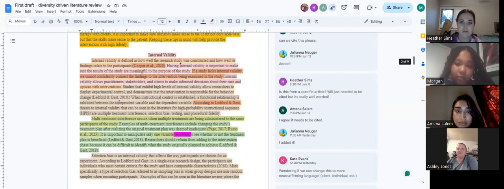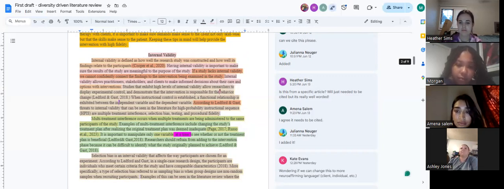They defined it very well, and we did put citations in there from the Cooper text. I did have a suggestion that we put it into layman's terms or give an example of what internal validity is. And we did do that.